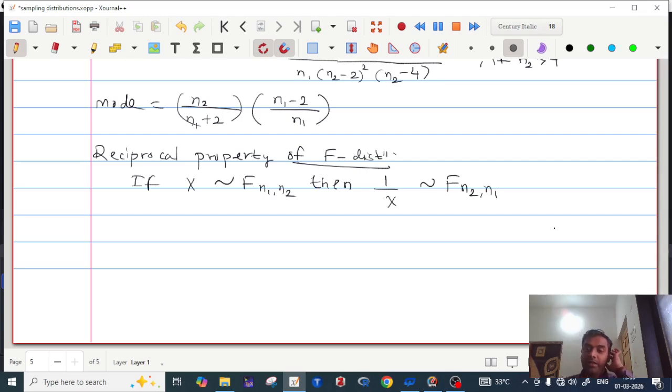This is a very important property. This will be helpful in solving numericals. The very next result is in finding the median and quartiles. This property is very much useful in solving numericals also.